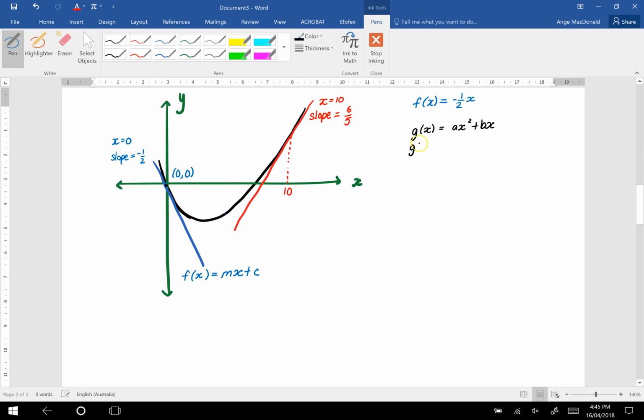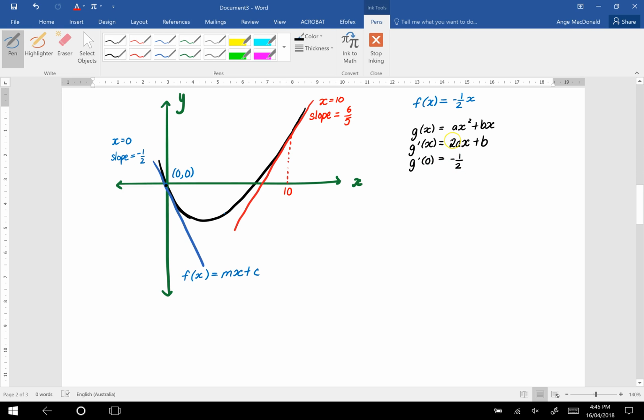Well, we know that g dashed of x equals 2ax plus b, and because this blue line is indeed the tangent when x is 0, we know that g dashed of 0 must equal the slope of the tangent, which we already know is minus a half.